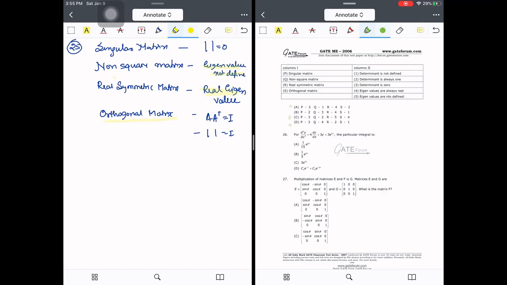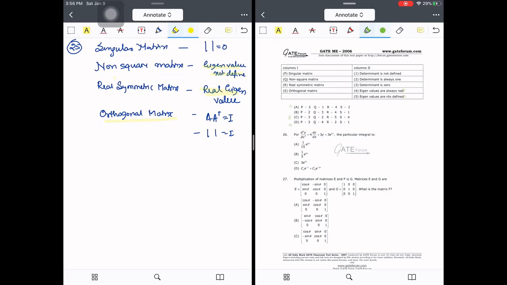Now, if I check it, singular matrix is equal to P3, option A, C, D. Non-square matrix, eigenvalue is not defined, 5.